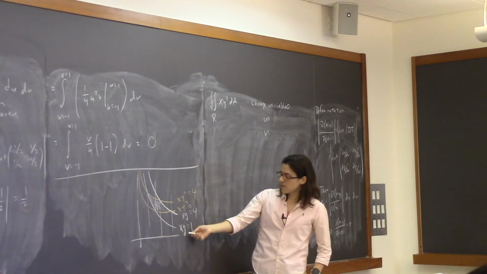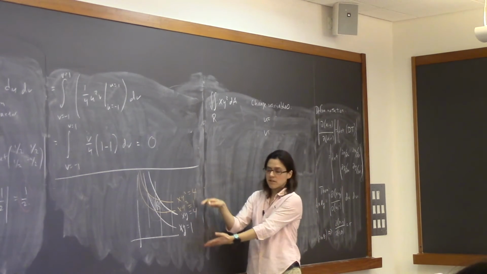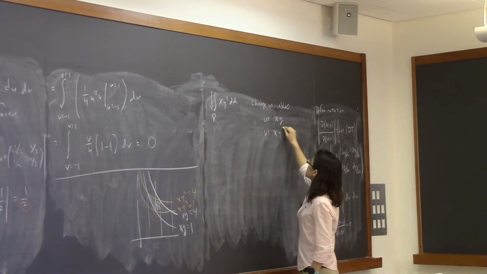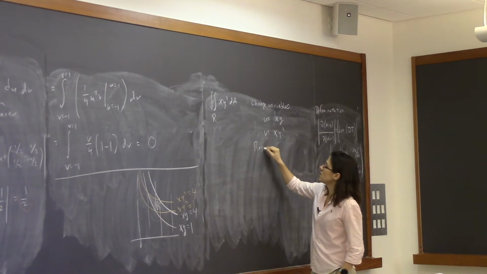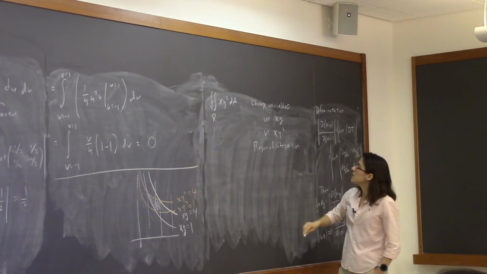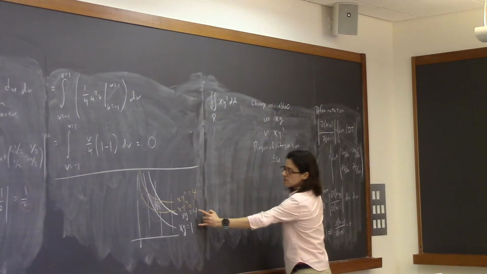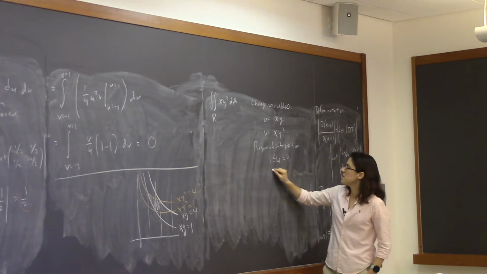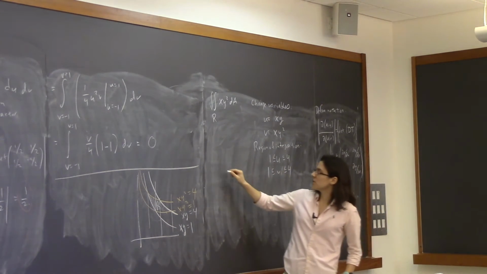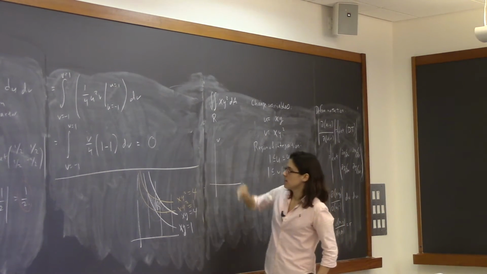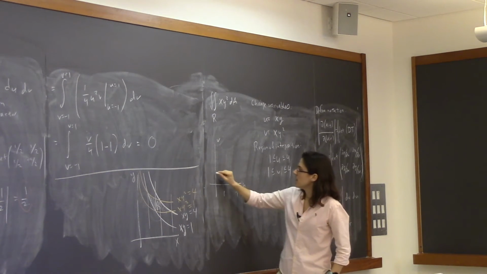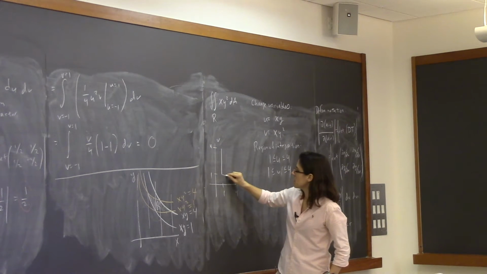So let's set this up. It would be really nice if our u and v could just be these limits of integration curves. So let's let u equal xy, and let's let v equal xy squared. So then our region of integration in the uv plane, this was the xy plane, is u going from 1 to 4 and v going from 1 to 4. So it looks like this box.